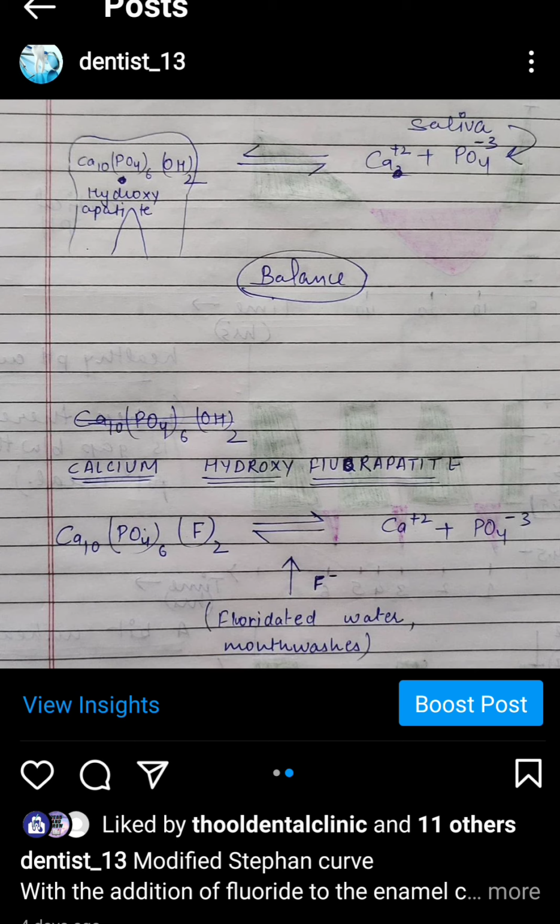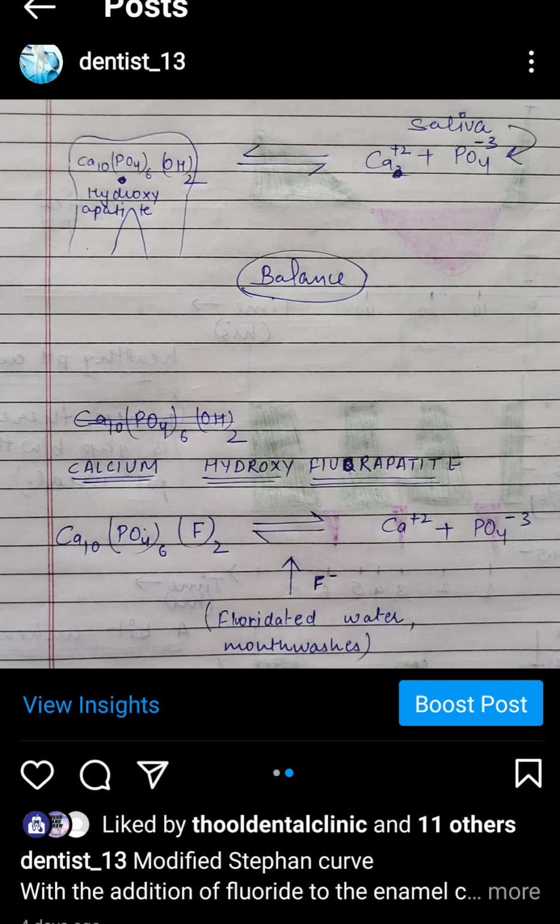These ions are helpful to create a balance between the erosion of the enamel and compensating it back with those ions. So the slightest decrease of pH, which is a normal process, is balanced by this process of entering of ions from saliva into the enamel.